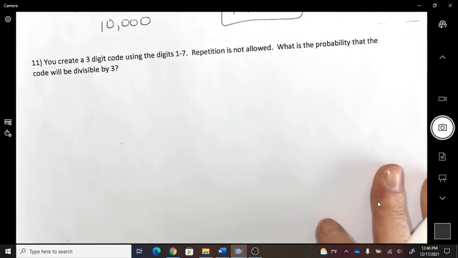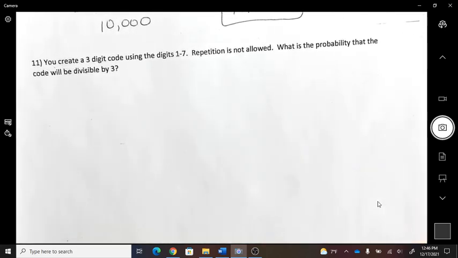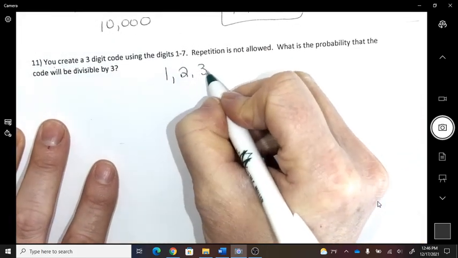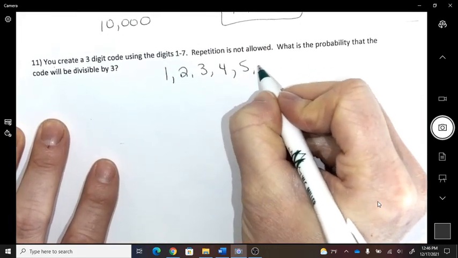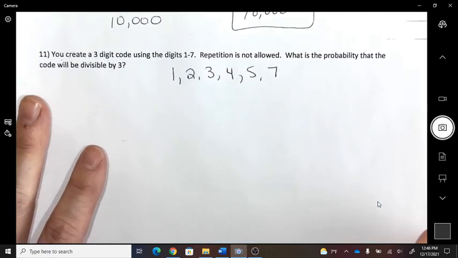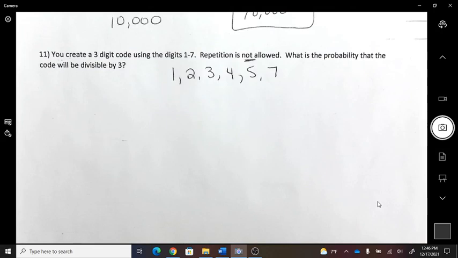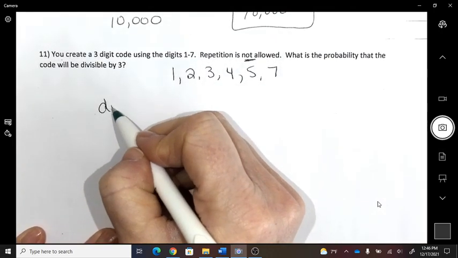Okay, you create a 3-digit code using the digits 1 through 7. So maybe I'll just list these out. Repetition is not allowed. What's the probability that the code will be divisible by 3?